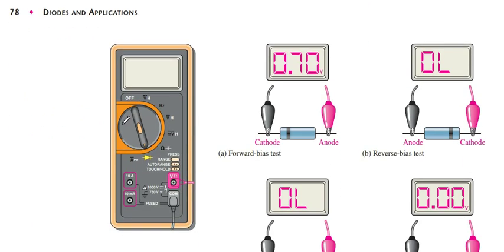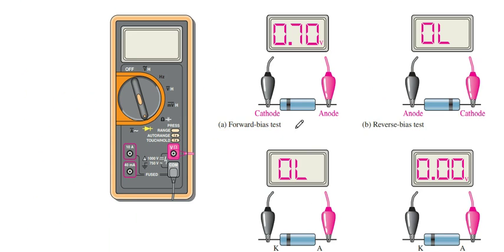Like that. When we test the diode in forward bias, it gives you 0.7 volt, and we set up the meter in that form for testing the diode.